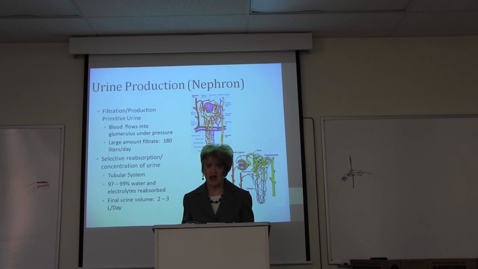Thank goodness we do not have to void 180 liters a day. And fortunately, we do not have to replace 180 liters a day, or our whole lives would revolve around intake and output. Because we have the tubular system, almost all of that fluid is reabsorbed, and you go from 180 liters of urine production to 2 liters. So the end result is approximately 2 liters of urine every day.